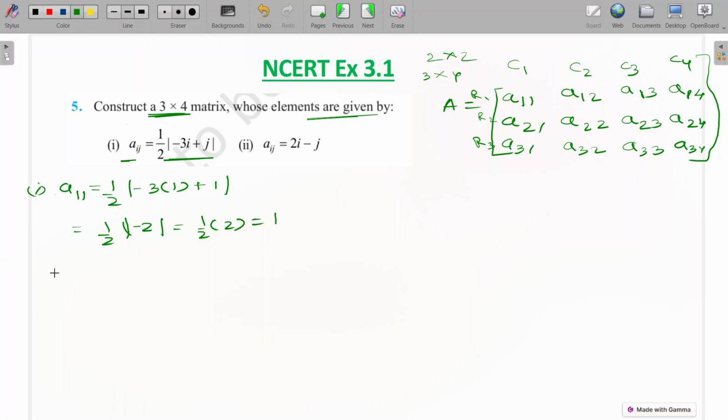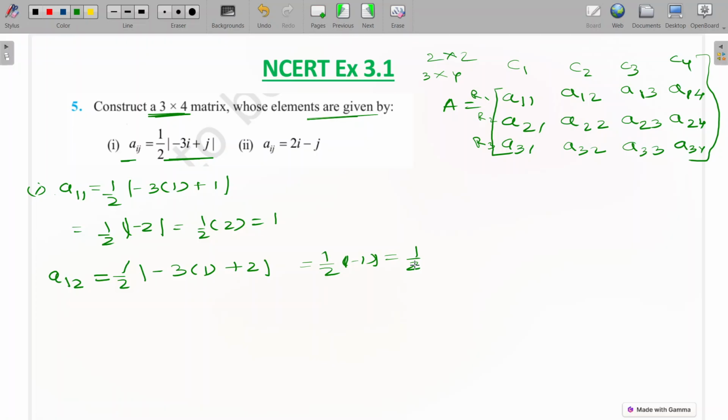Now let's take out A12. A12 is half of the mod of minus 3 into 1 plus 2, which is minus 3 plus 2 is minus 1. Half of the mod of minus 1 is 1, which is equal to half.